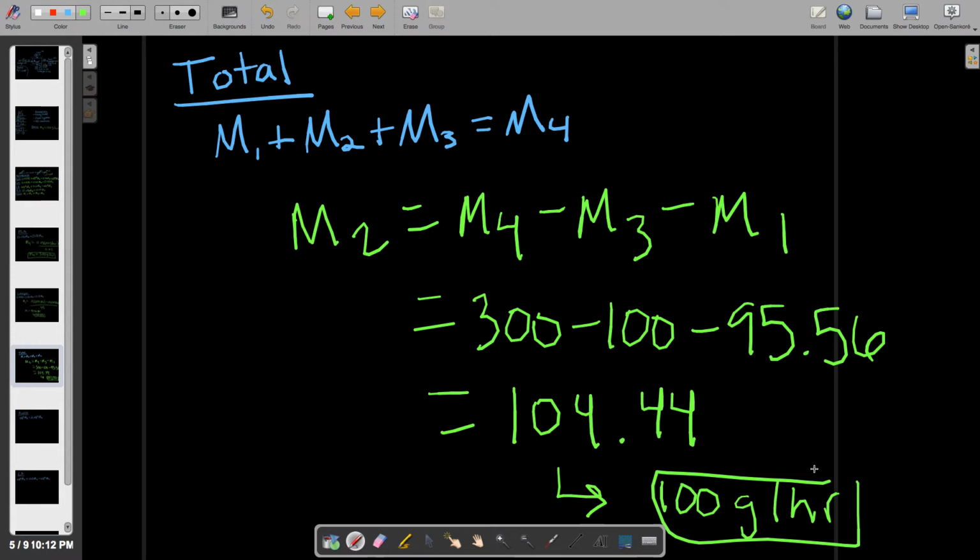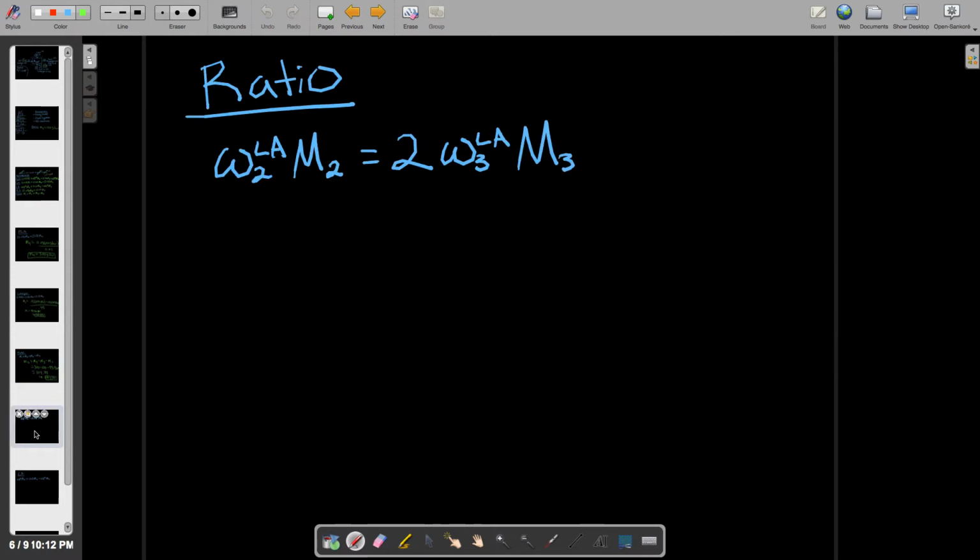And so now Brittany is going to go ahead and show us how to do mass fractions. Okay, so we're going to start with our ratio that we described earlier. And since we have now solved for the flow rates of M2, and we already know the mass fraction of LA in stream 3, we can go ahead and solve for the mass fraction of LA in stream 2.